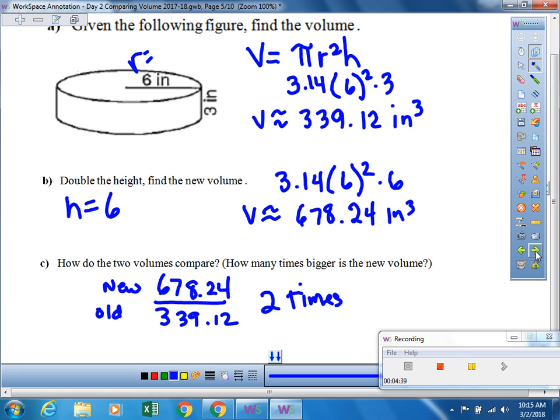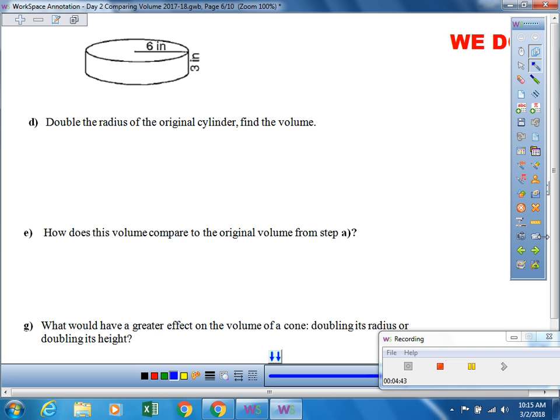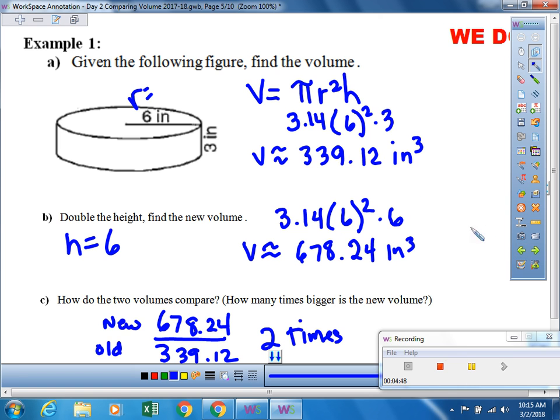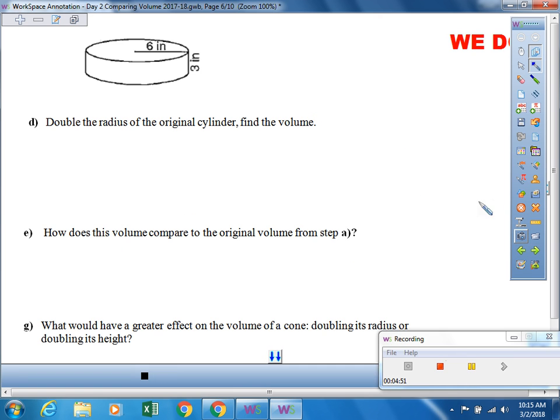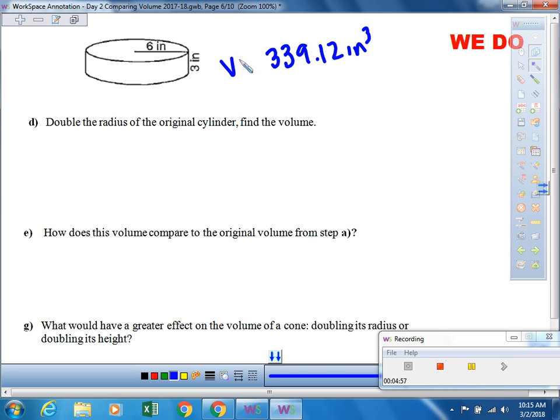Now let's look at something else. We're going to take that same cylinder, so that 339.12, that was the original one, right? The original volume. Now I want you to double the radius.